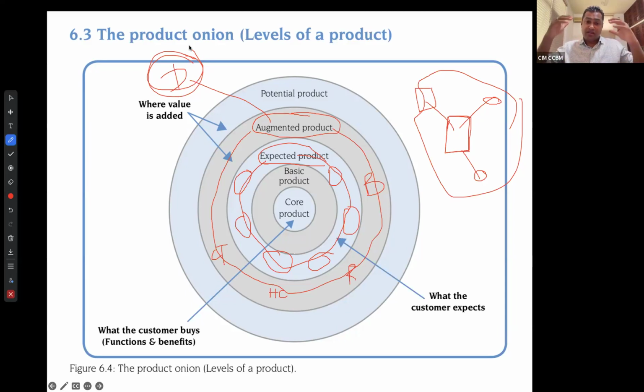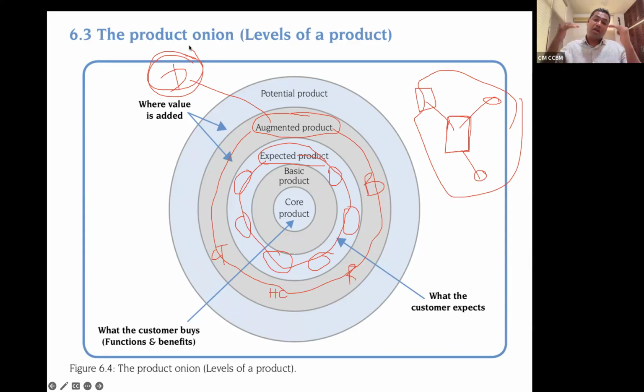So after some time, things at an augmented level become expected when everyone gives it. In those days, maybe you didn't have an iron. You didn't have coffee in the room when you checked in, right? In those days you had to buy it or ask for it. Now, it is there. It is expected that I have coffee, Nescafe sachets to drink my morning coffee.